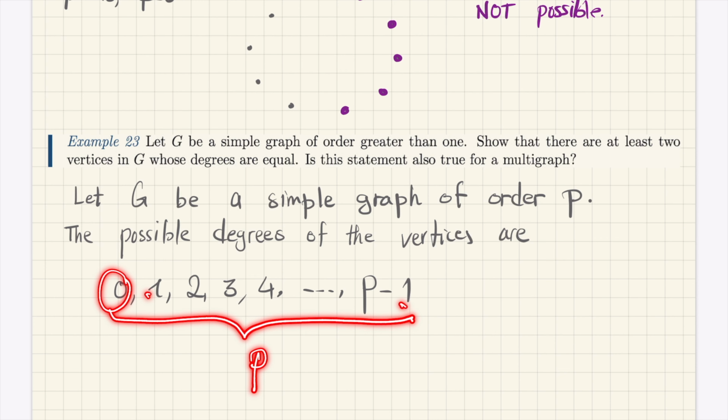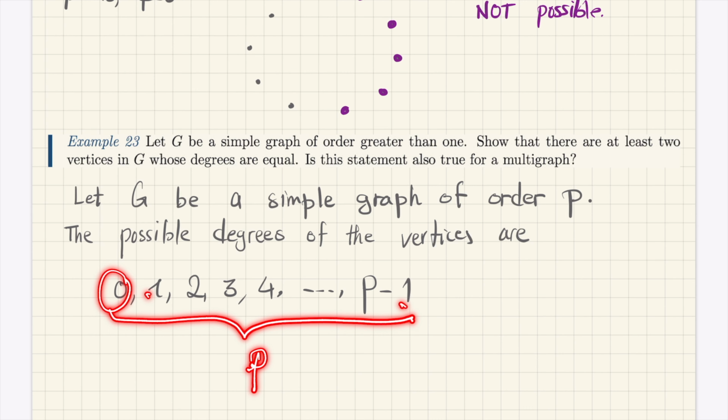How many pigeons do you have? Unfortunately, exactly P. Do you understand what's going on? I have P vertices. I want to give the role of pigeons to the vertices, and the role of pigeonholes to these numbers.